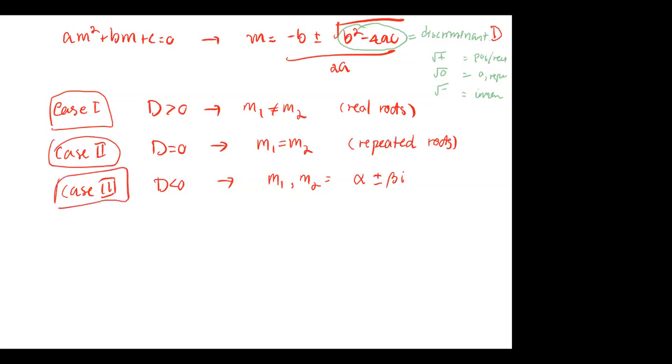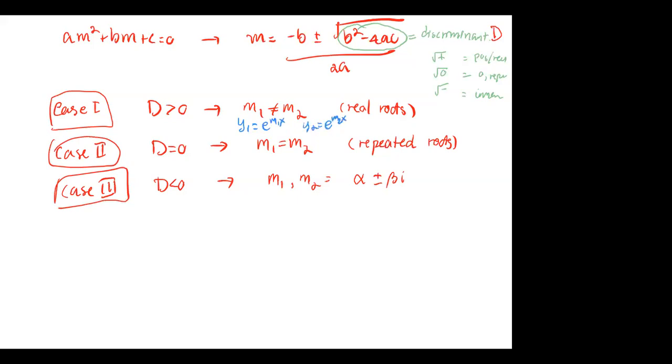For case 1, if you have different real roots, it's going to be y1 equals c1 e to the m1x, and y2 equals c2, not the c, sorry, wrong one. When we put them together, we put the c. So the fundamental set of solutions: y1 is e to the m1x, and y2 is e to the m2x.